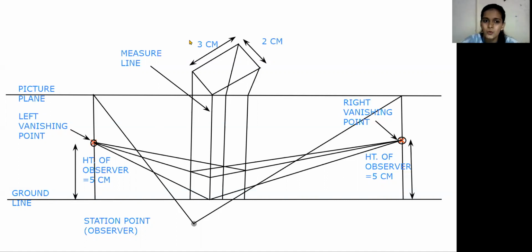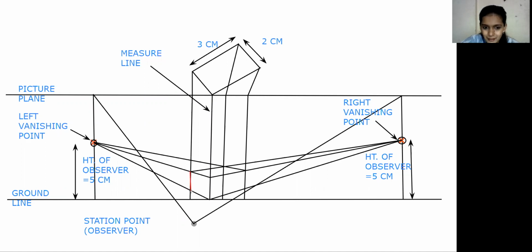What we have to do next? Highlight your perspective view. How to highlight the perspective view? Just darken your perspective with rubbing a pencil, or you can use black or blue ball pen and join the line again. So all the drawing we have done is light, and the perspective view is highlighted.